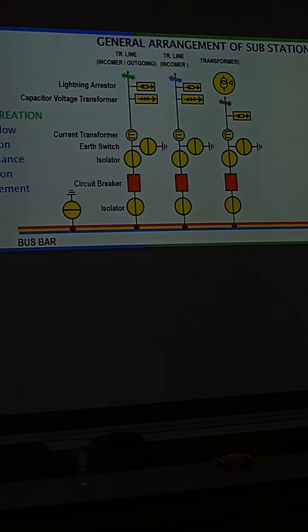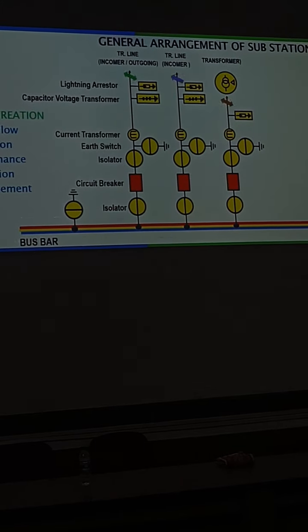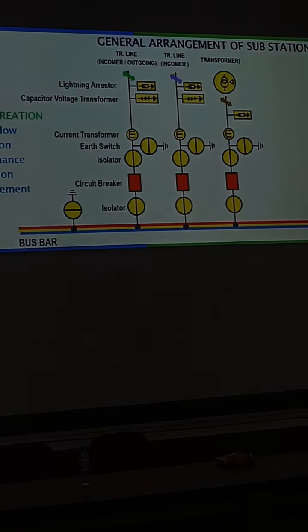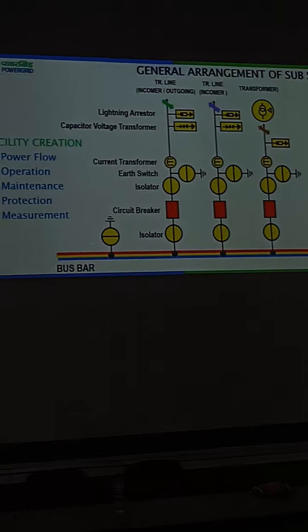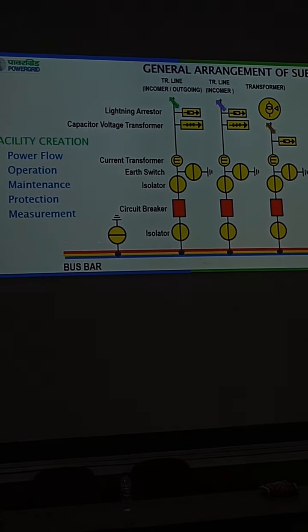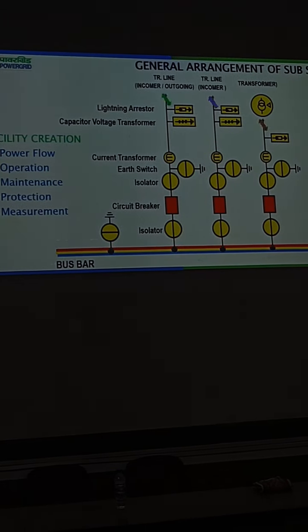They will convert the primary voltage and current to a measurable level, and those inputs will be given to the energy meters that will read the power value.